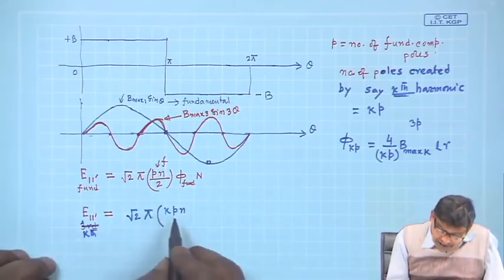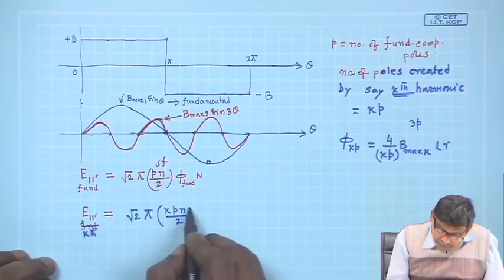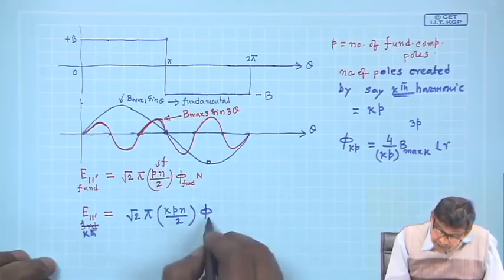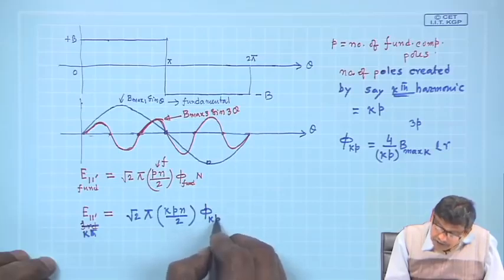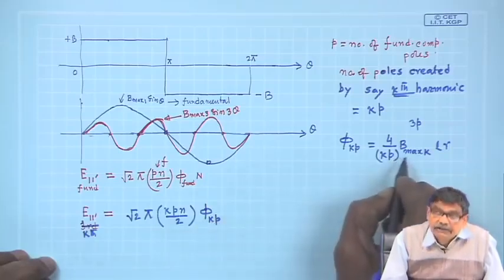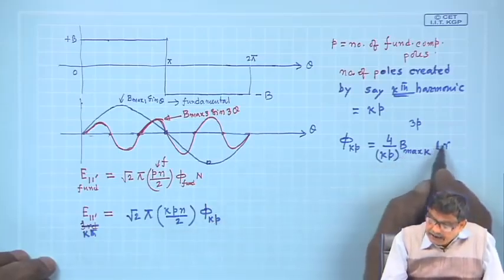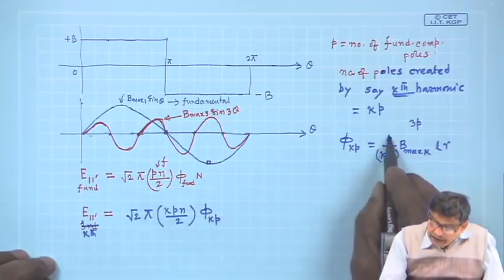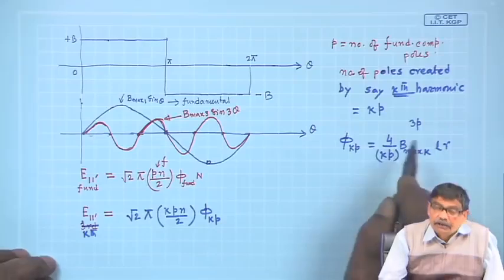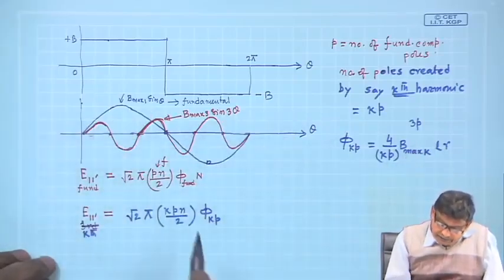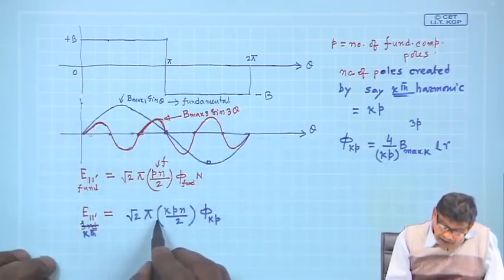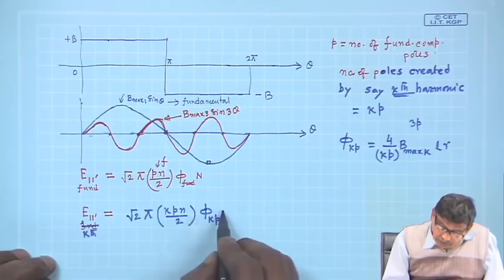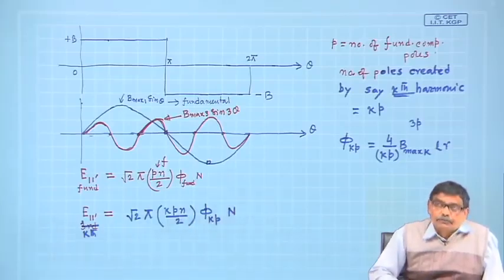So, Kp n by 2 into phi, the flux per pole due to that kth component, which should be calculated using this. B max and L R are fixed, I mean B max K you have to take, and 4 by Kp, because the number of poles of that machine has increased. The number of turns of course remains the same.